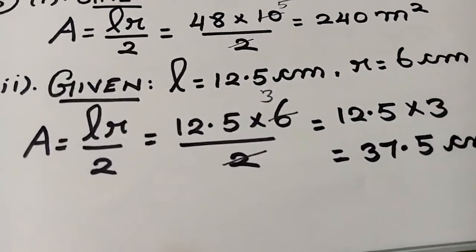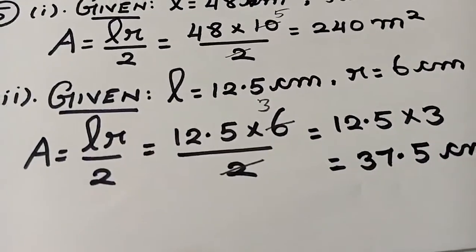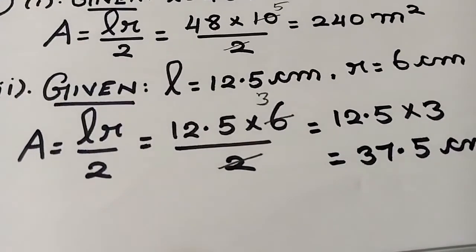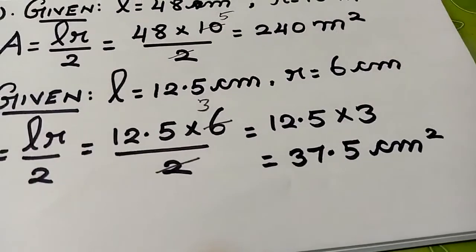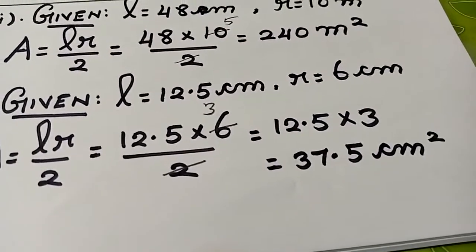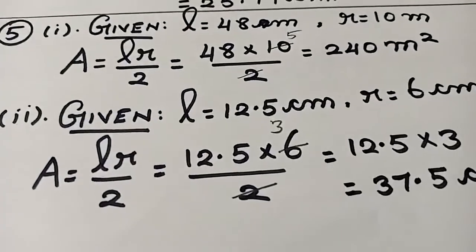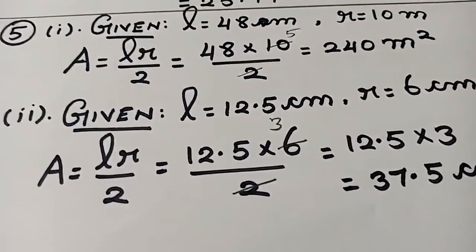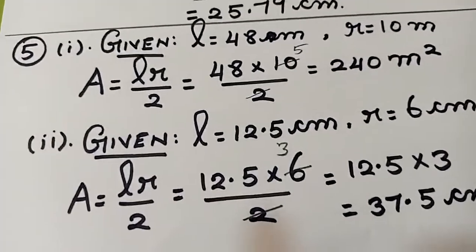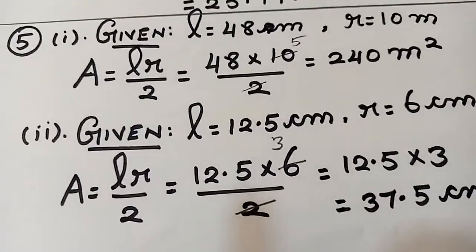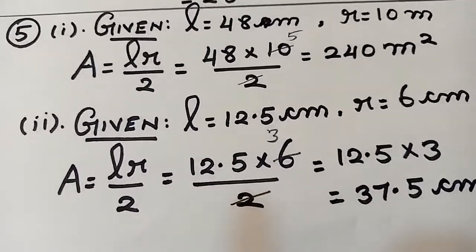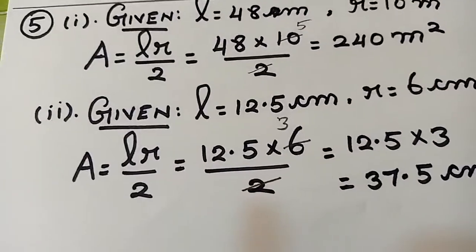What is the value for L? 12.5 into 6 divided by 2. Cancel the term, you will get the answer as 37.5 centimeter square. And if you see these two questions, they have given you L and R. We are finding the area of sector. And area of sector formula, here I am using it differently. That is LR divided by 2. Next, we are going to see the sixth sum.